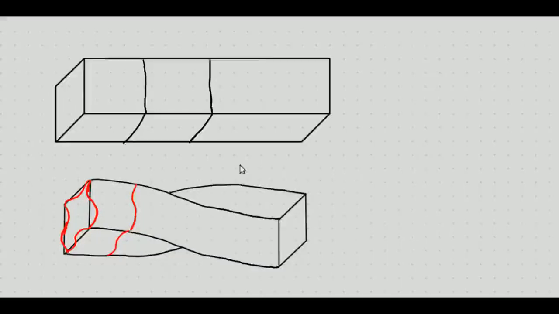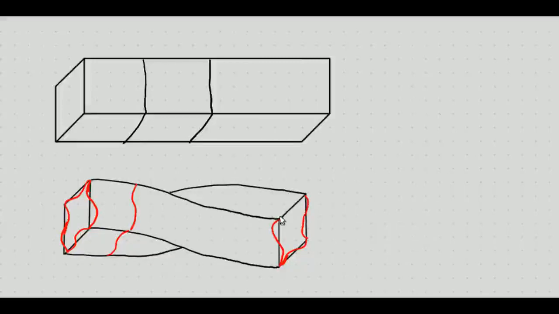So there is a displacement in the z direction, parallel to the axis of twist. If we take this section here also, we can find a twist like this.